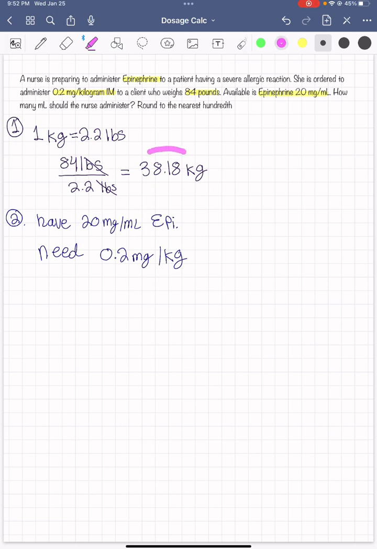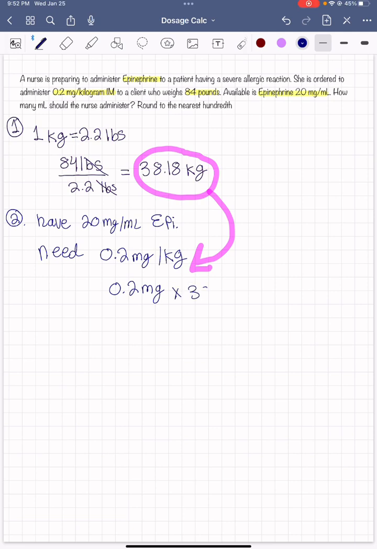Our patient weighs 38.18 kilograms. So we're going to go ahead and plug that into the equation. So we now have 0.2 milligrams, and you're going to multiply that by 38.18 because that's how many kilograms our patient weighs.